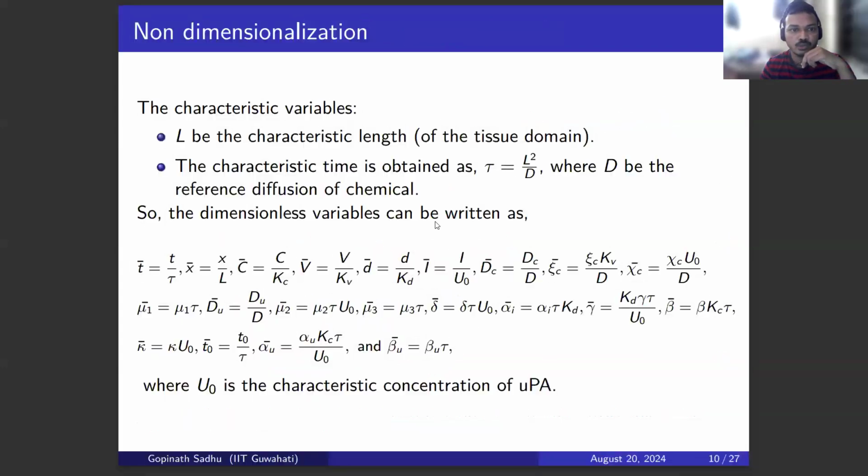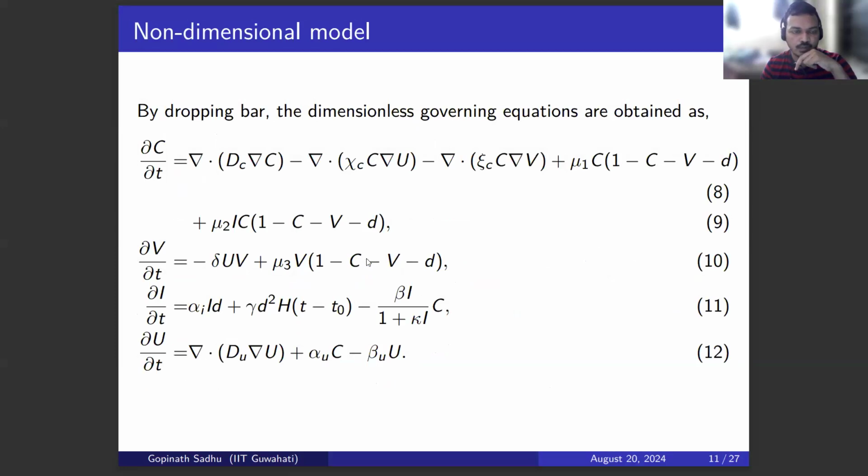So to non-dimensionalize our model, we consider L as the characteristic length where the tissue domain is considered, and T as the diffusion time scale of any chemical in the tumor region. Based on this, we put it in the non-dimensionalized form, and we convert our dimensional equations to non-dimensional ones, given in equations 8 to 12.